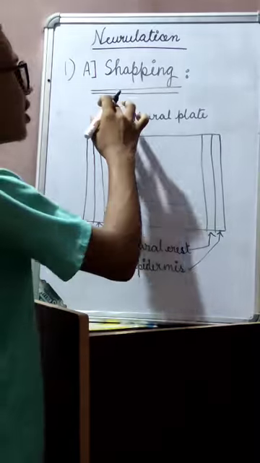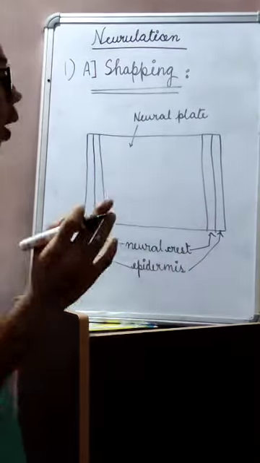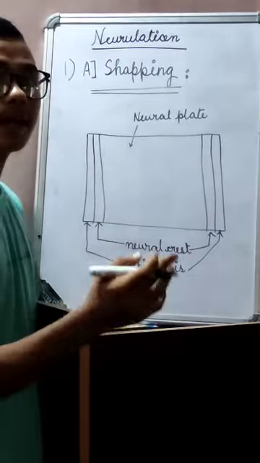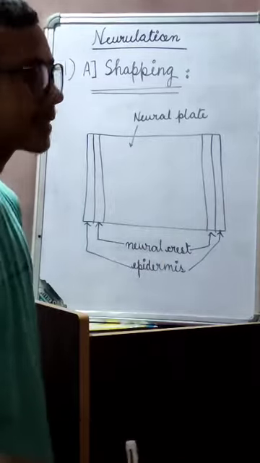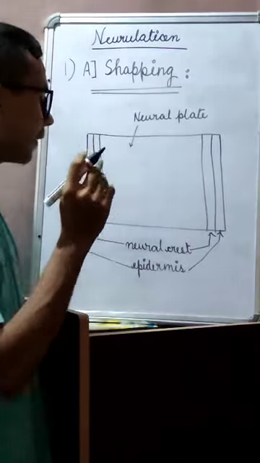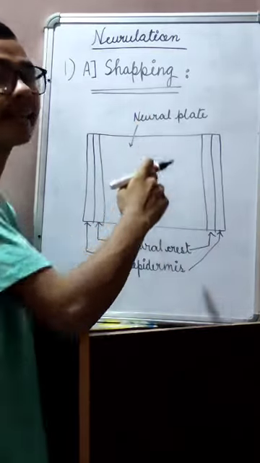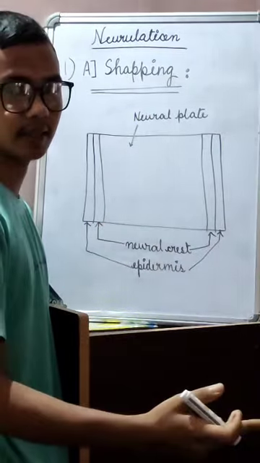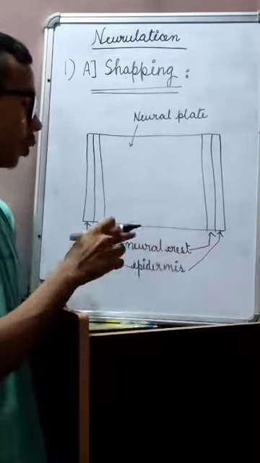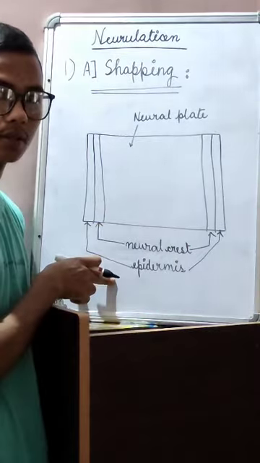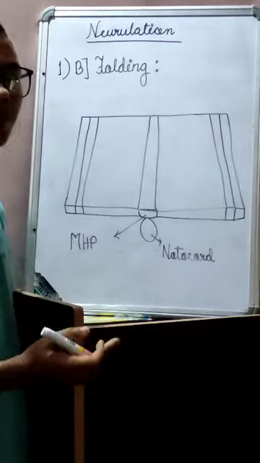Now come to the shaping step. What happens here? The neural ectoderm divides into 3 sets of cells: neural plate, neural crest and neural epidermis. The neural plate is the thickest and most elongated in comparison to neural crest and epidermis. Now see what happens in the folding step.